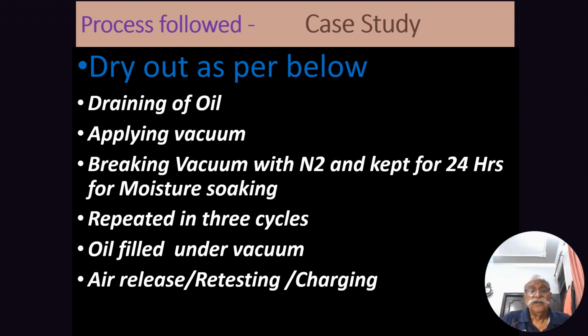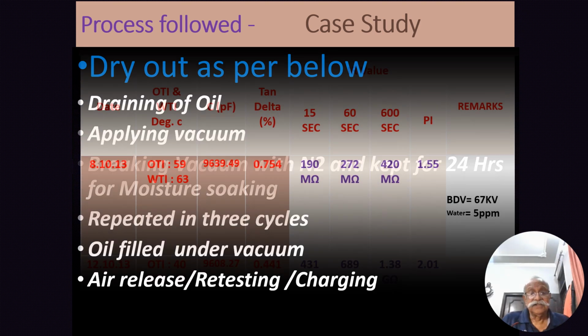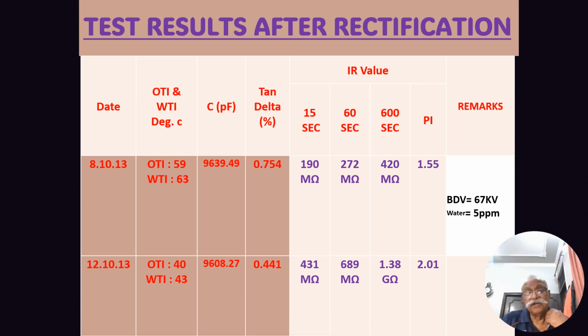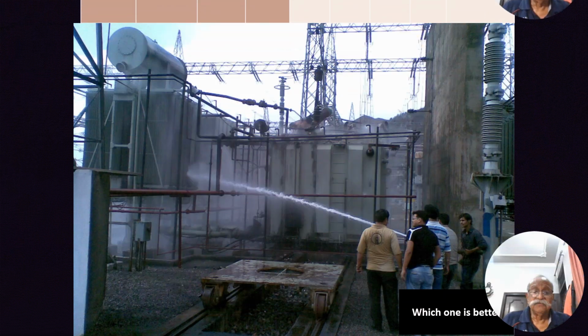One of the methods is to drain out the oil or apply vacuum, then break the vacuum with nitrogen and keep it for 24 hours, repeated in 3 cycles, then fill oil under vacuum, air release, retesting and charging. After this, we found that the values had improved. This variation in C and tan delta was on account of moisture in the winding.